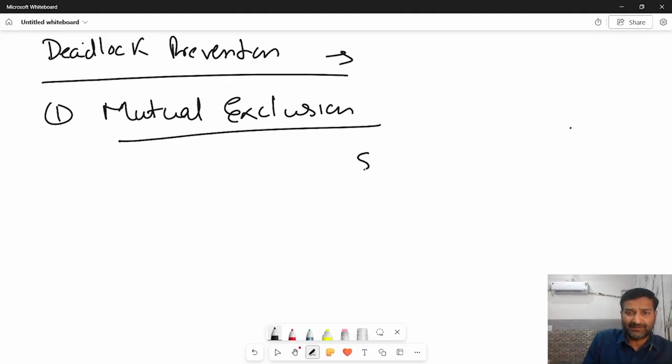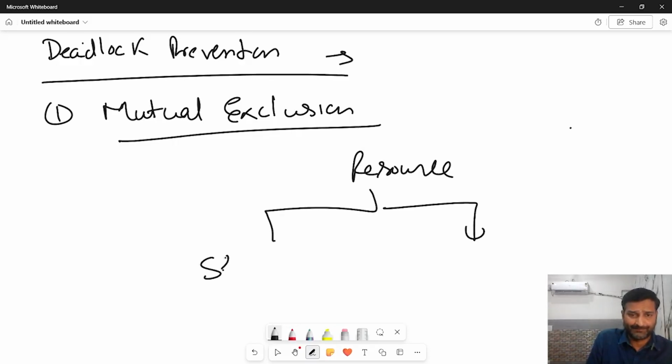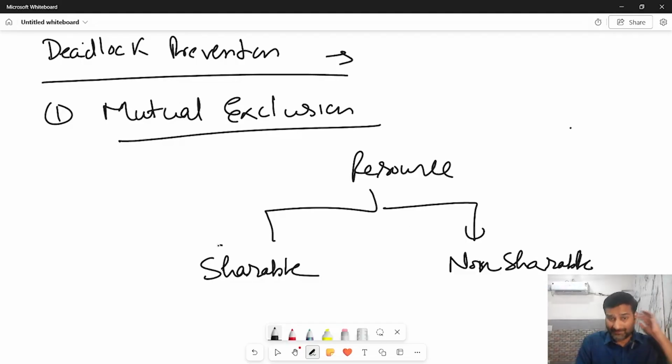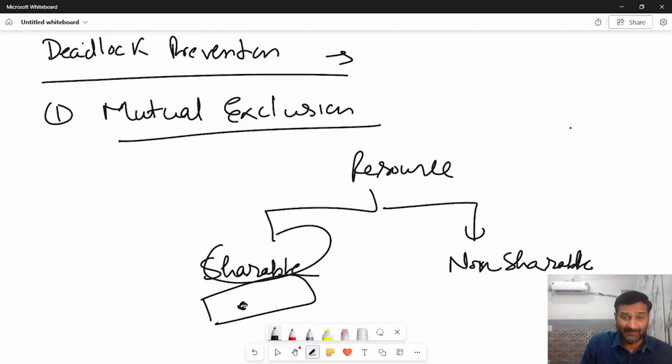If the resources can be put under two heads, that is shareable and non-shareable. Entry one is shareable, entry two is non-shareable.